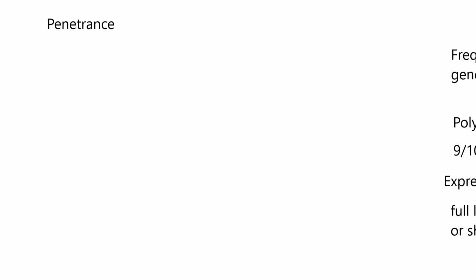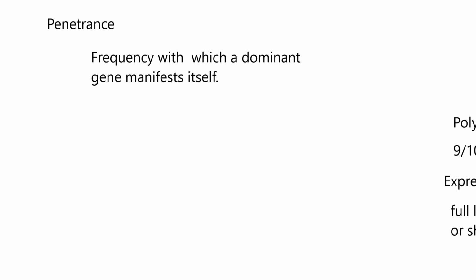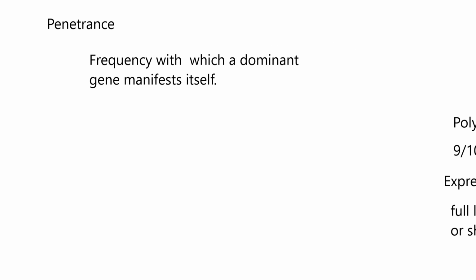Okay, I'm going to end with this term. I've got so many, I've got to make another little lesson with other things like inbreeding and outbreeding and qualitative traits and quantitative traits. But penetrance. Penetrance, and I'm not going to give you maybe all the definitions, but maybe one good one to remember is the frequency with which a dominant gene manifests itself.